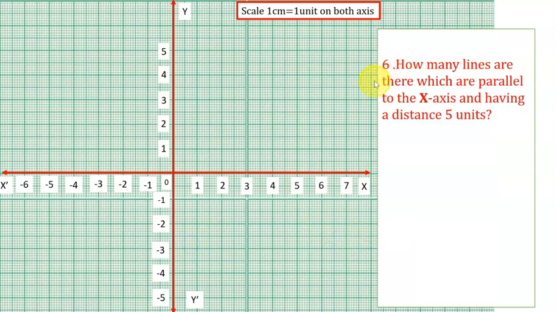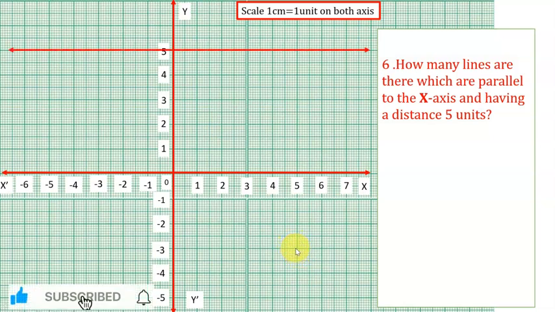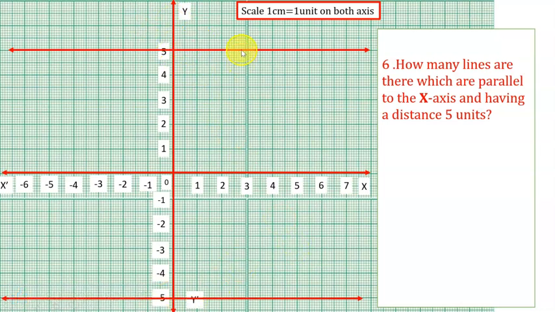Now next question, question number 6. How many lines are there which are parallel to x-axis and at a distance of 5 units? Lines parallel to the x-axis that are at a distance of 5 units from the x-axis. These are the two lines which are parallel to the x-axis. So how many such lines can we draw? Here, 2 lines. Now see this here, y is equal to 5.